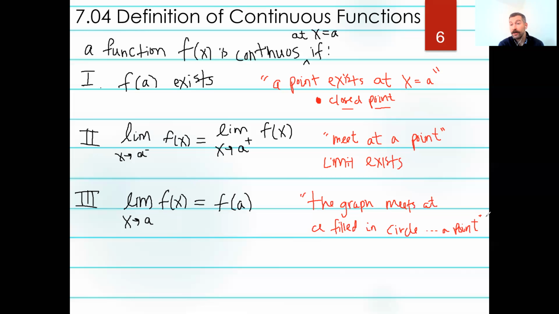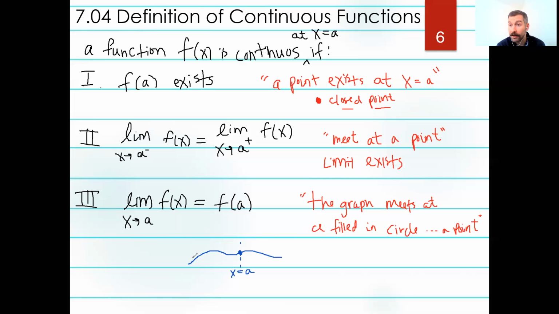And we're going to get some pictures of what this looks like and what it doesn't look like. I know this seems kind of weird, but to know what it doesn't look like might be very important. So what it would look like is we have something moving along, and we'll say that this is our x value of a. And we'll put a little point there, just so we're very clear that that's where it is.